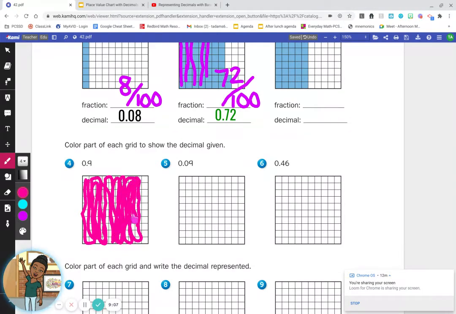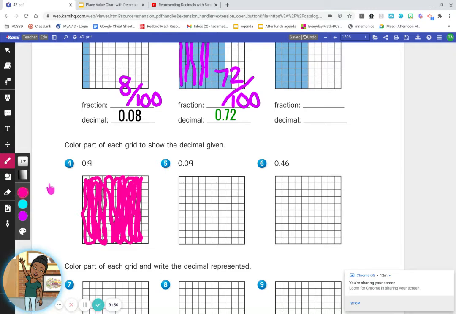Making sure it's shaded in really good. You should only have 10 empty spots because we shaded in 9/10.